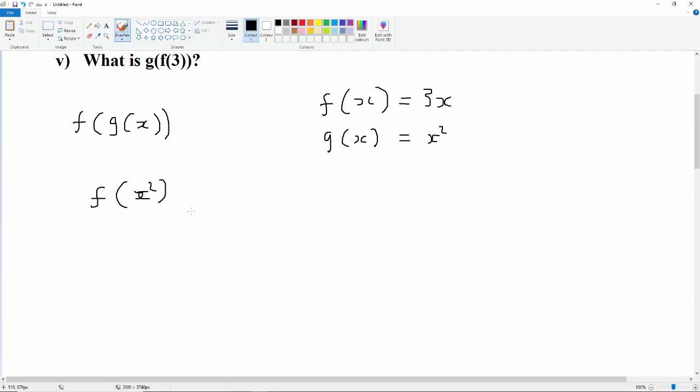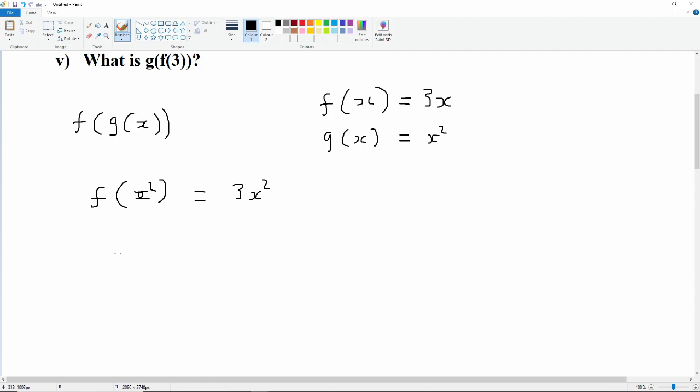So we've got f of x squared, which is equal to, so what's f of x? F of x is equal to 3x. So we write down the 3, and where we write x, we look in the brackets of f to see what should be instead of our x. So this is x squared.